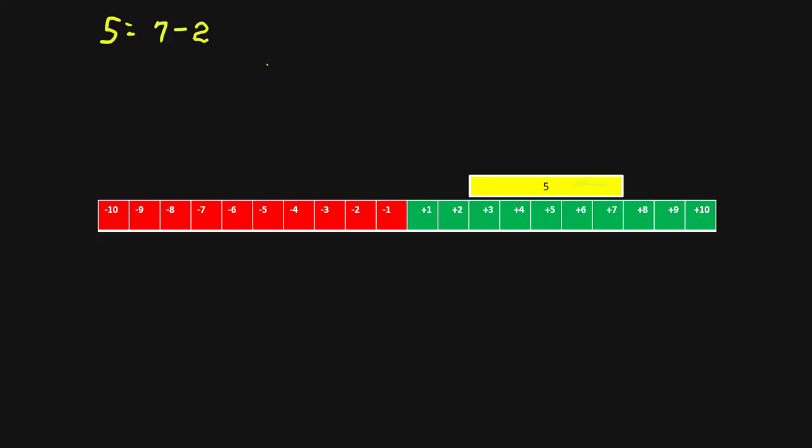So here at the top of the page, we have the equation that we want to look at. And I like to represent that on the number line that I have here. So 5 is the length of that yellow bar. And then the 7 on the number line is here, and the 2 is right there.